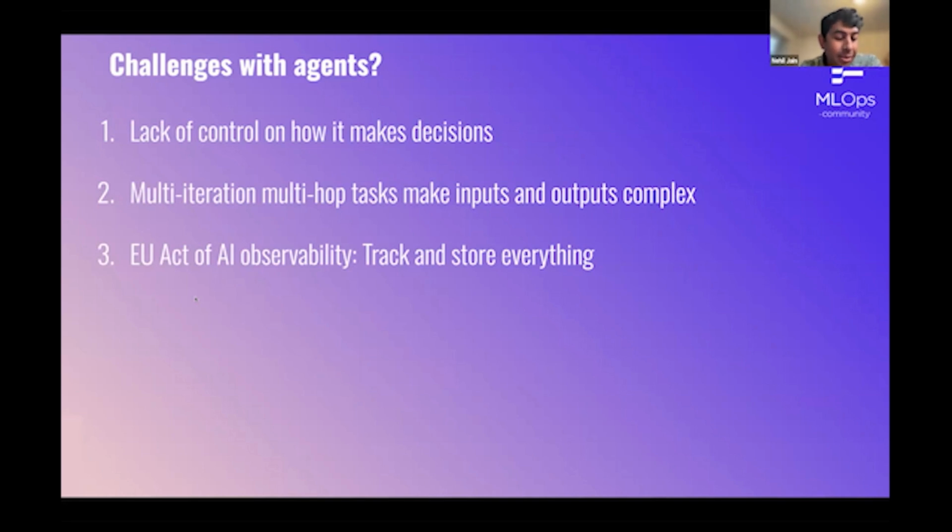One of the common things, speaking from experience and practice here, is that if you have too many decisions to make, in most cases LLMs won't be even nearly as accurate as a human would be in the given situation, which is why the cost of building a production ready agentic system is so high, because either you have to do a lot of iterations to get it right or it just doesn't make the right decision, whatever you try to do. It's very hard to control what it does in given scenarios. And so that's the first piece, lack of controllability on making decisions. And we know LLMs are mostly a black box still.